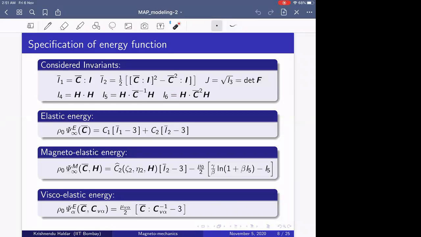So the elastic energy is a standard Mooney-Rivlin form. Nothing new here. For the magnetoelastic energy, we just play with whether we can make this coefficient field dependent, and that's what we are doing here. It is a simple extension from elastic energy to magnetoelastic energy, and for the time being we just consider C1 equal to 0.